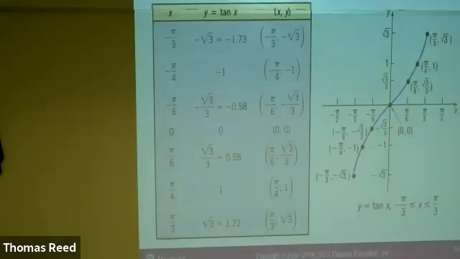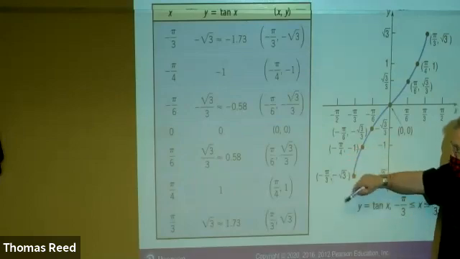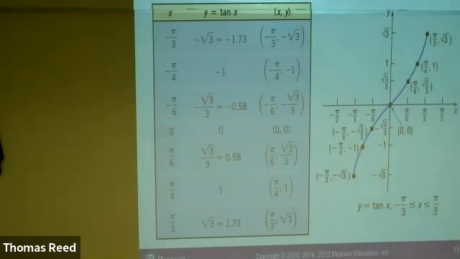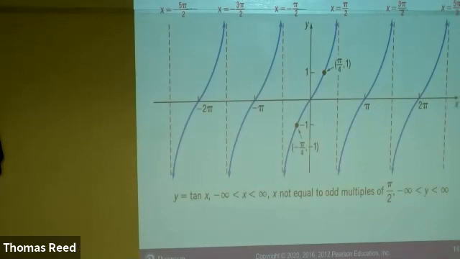This is a graph of tangent with a restricted domain, because we know at pi over 2 and negative pi over 2, tangent does not exist because you're dividing by 0. So this is what the graph of tangent looks like.